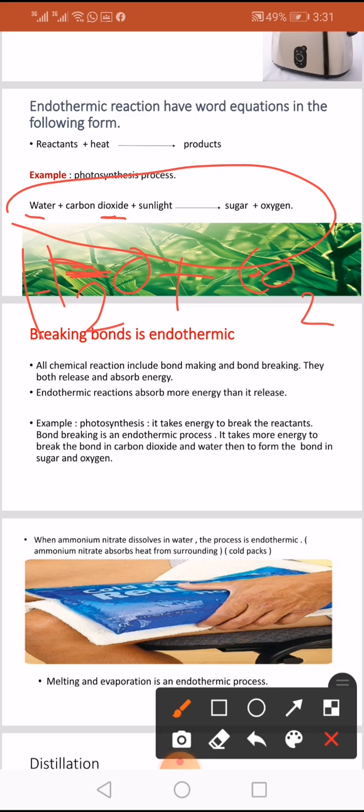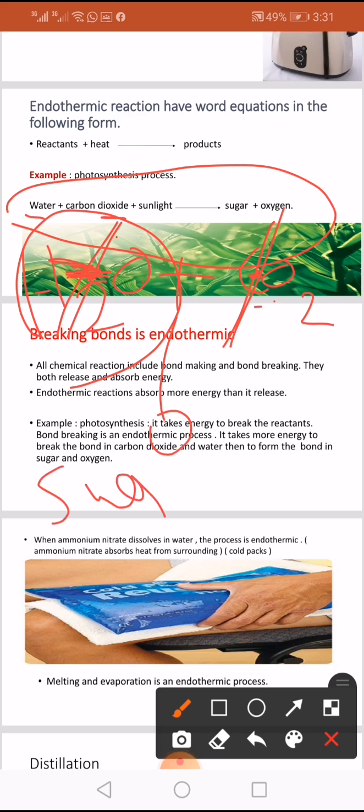Inside the reactant there is a bond between hydrogen and oxygen in the water, and between carbon and oxygen in carbon dioxide. So the plant needs sunlight, or needs heat, needs energy to break these bonds and form sugar plus oxygen.